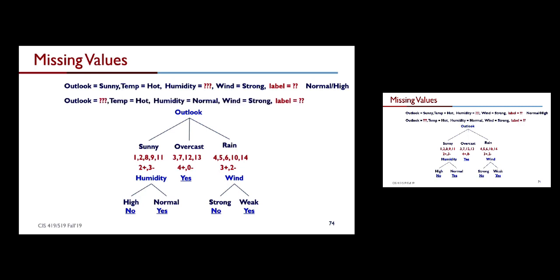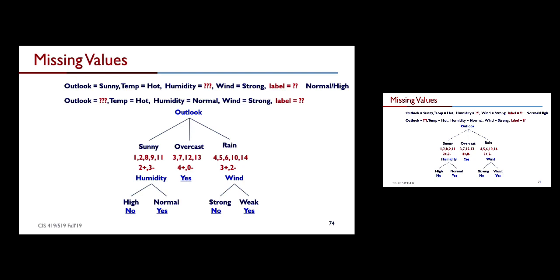Another option that we have is basically to do some kind of averaging. So let's look at this example. In this case, Outlook is missing. I have everything else. What do I do here? One option, again, is to assume, you know what, Outlook has 3 values. They split about uniformly. So I'm going to basically split Outlook uniformly to these 3 options. So with probability of a third, I'm going to go left to sunny and keep on going down the tree.